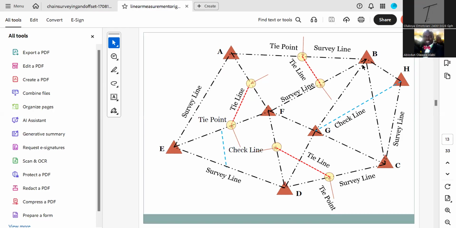Don't forget the check line is from the apex. This is an apex of a triangle. B to G. So it's not joining any of the two sides. So unlike this one now, from here to here is joining any of the two sides of a triangle.